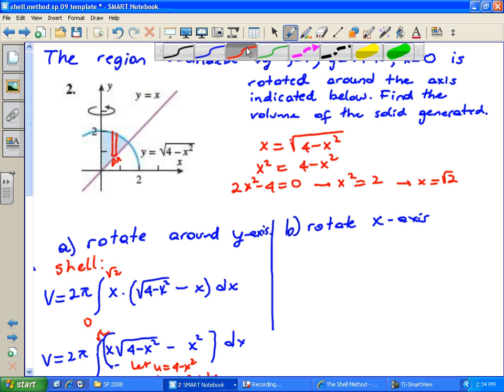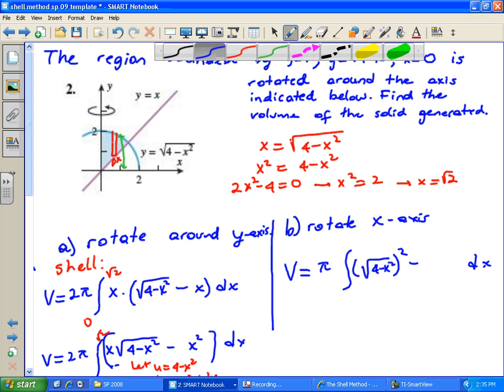With the washer method, volume equals pi times big R squared minus little r squared. Everything has to be in terms of x. Our big R is going to be this distance, and that is the square root function, which will have to be squared.